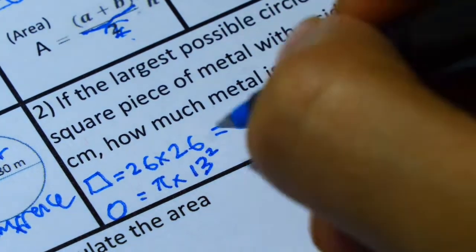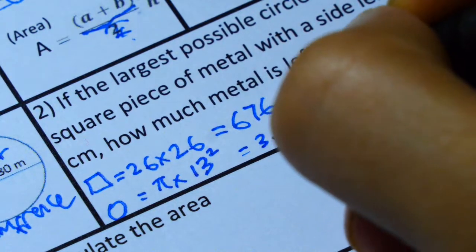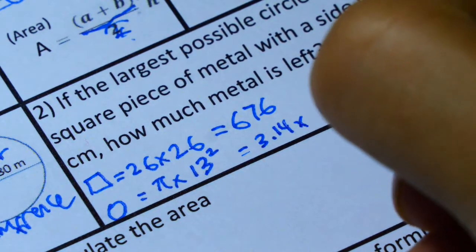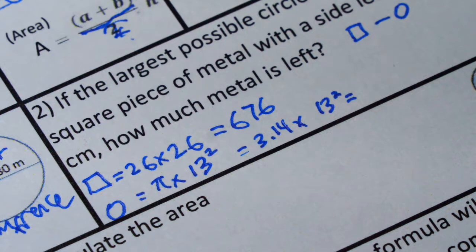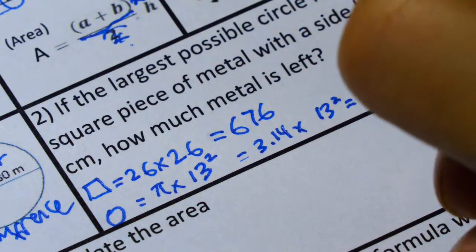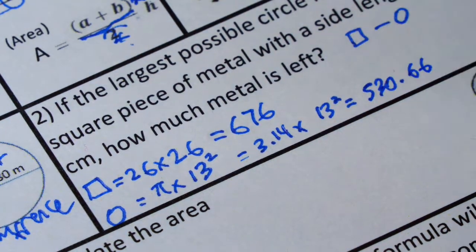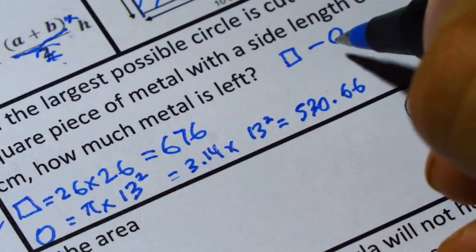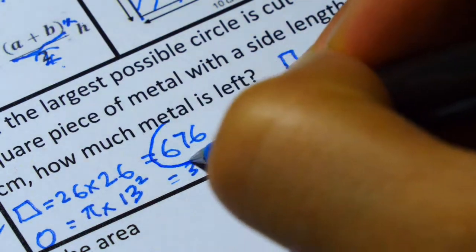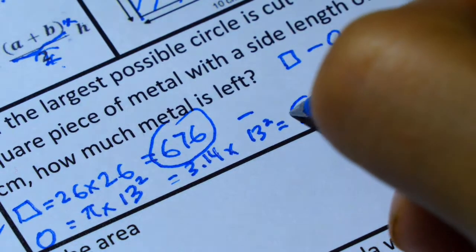Okay, we can do here 3.14 times 13 squared equals 530.66. Now we have to minus the square minus the circle. So this one minus this one.